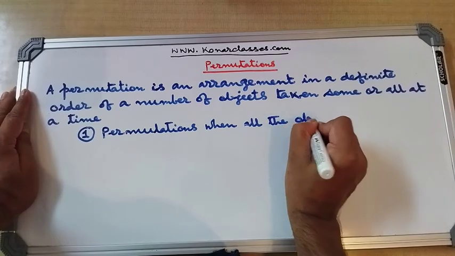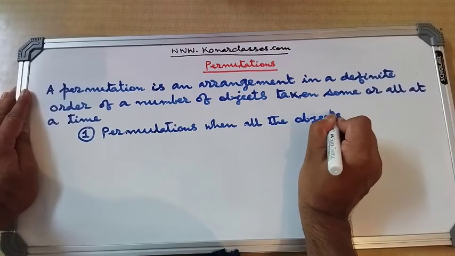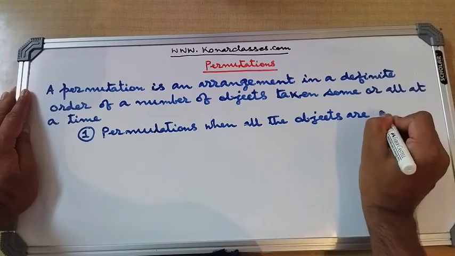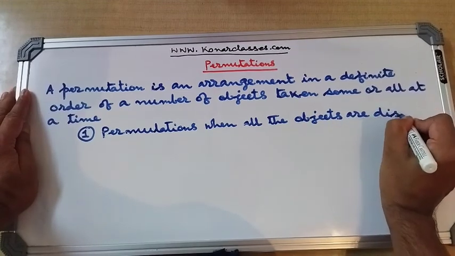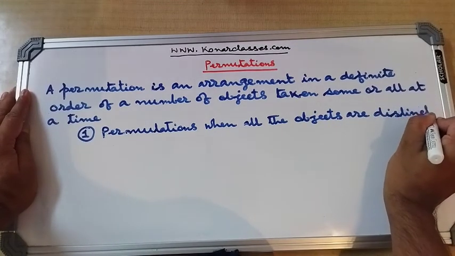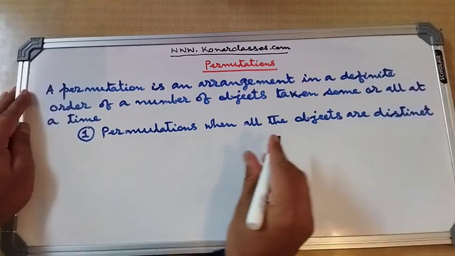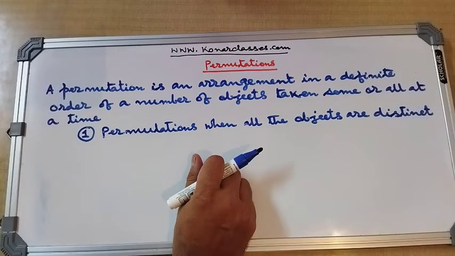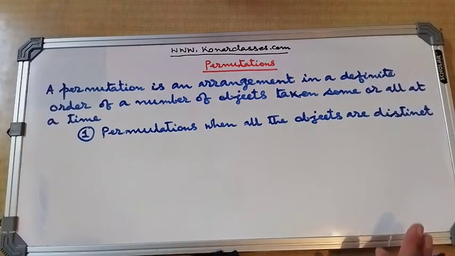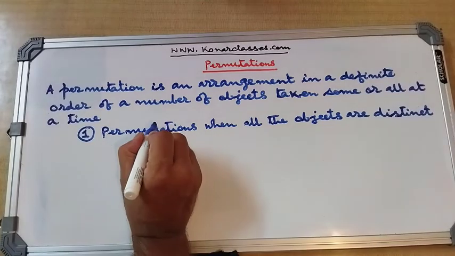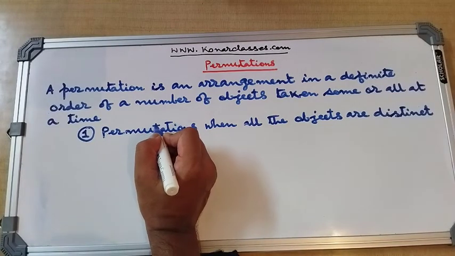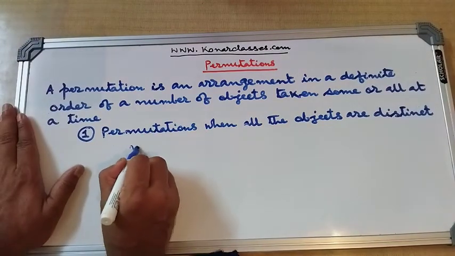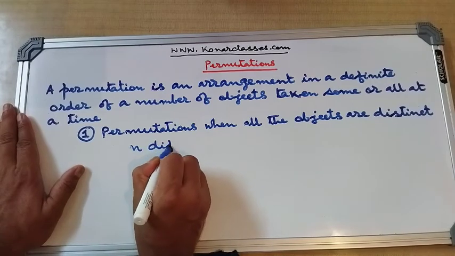Now, what we are going to do is that when all the objects are distinct, let's assume that there are n different objects.